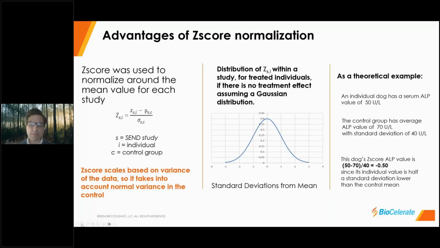So for that dog's ALP value, we would take the 50 minus the average from the control group and get a negative 20, and divide that by the standard deviation of the control group, which is 40, giving us a negative half. Since this value is half of a standard deviation lower than the control group mean. The next slide, please.